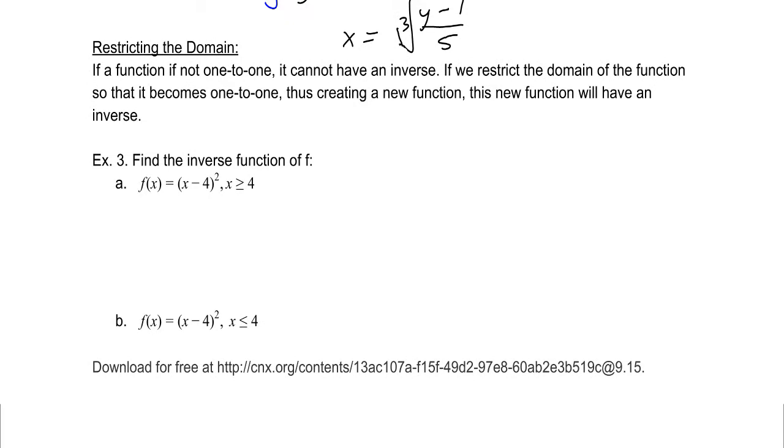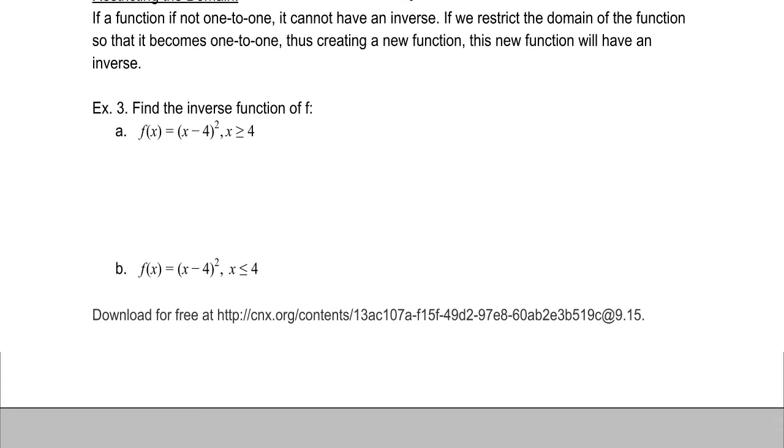So in this example we have find the inverse of f. f of x equals x minus 4 squared, with the restricted domain of x greater than or equal to 4, and f of x equals x minus 4 squared with a domain restriction that x is less than or equal to 4. Both of these are going to have the same process, but we will have two different functions based on our square root. So let's write this as y equals x minus 4 squared.